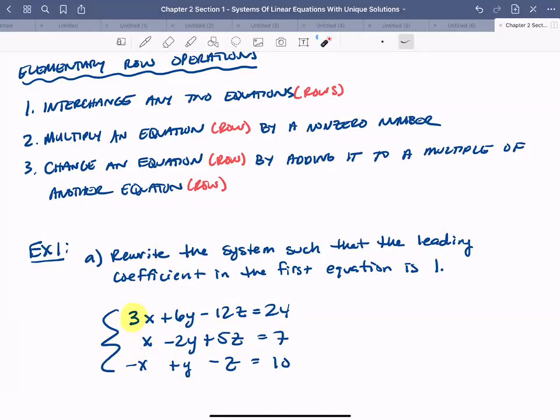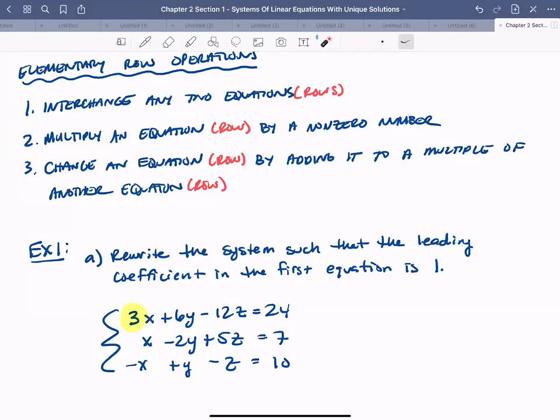But again, let's not do that because we don't use it very often. So let's look more at 2 or 3. If we're just changing one equation and we just need a 1 out of that value, the easiest way to do it is by multiplying the row by a non-zero number. So we're going to use the second one here.